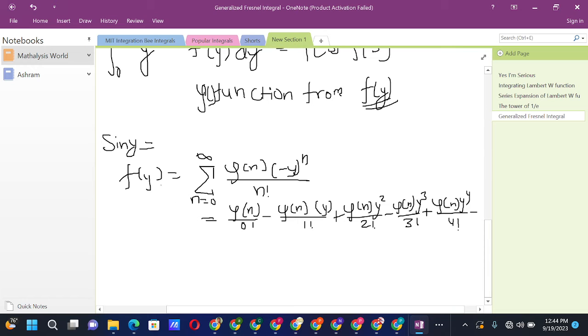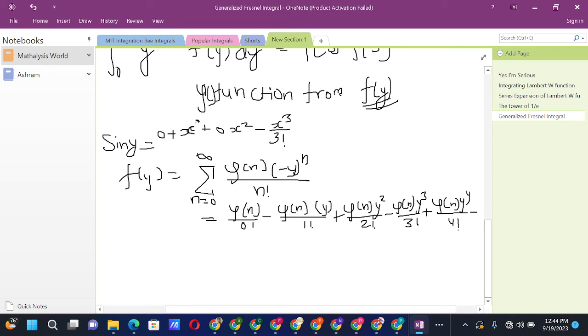So we need to have f of y in this sum formula with the required phi of n, but in actual sense, f of y is sin of y. Let's say 0 plus x is x, and then minus 0 times x squared, plus x cubed by 3 factorial with a minus sign.